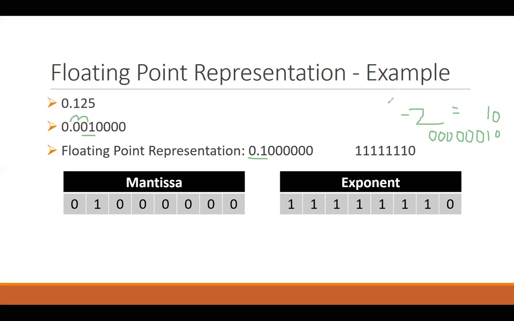But the exponent is a negative number, and whether it's in the exponent or in the mantissa, the computer will take the 2's complement and then store the value. This was an important point. So this -2 is stored in its 2's complement form in the exponent, as you can see.